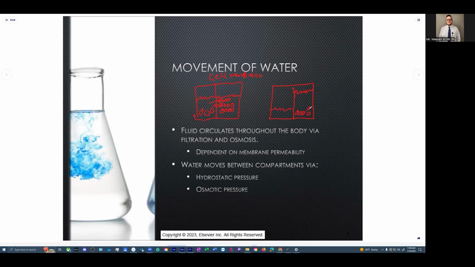So the solutes, the molecules, the particles, whatever you want to call them, they can't move across, but the water can because it's a semi-permeable membrane like our cell membrane that's permeable to water. Okay. So what's going to happen is that water will move across, and now this side of the container is going to have more water, but it's the same concentration compared to the solutes in it. That's osmosis, and that's a natural process that happens all the time. We can't control it. We can't really stop it necessarily.